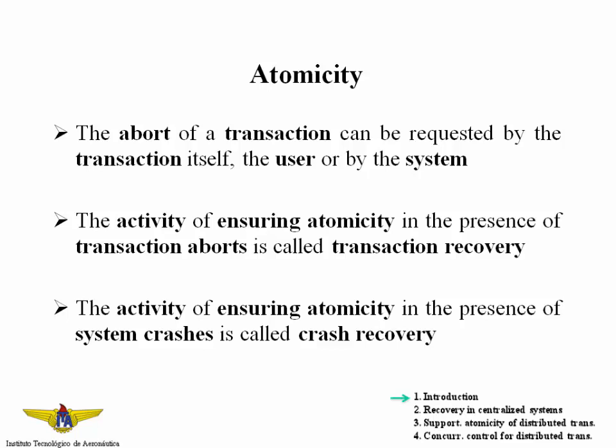In this situation, you can have an abortion. The activity of ensuring atomicity in the presence of transaction aborts is called transaction recovery. You can also have the end of a transaction by a crash. In this case, the activity of ensuring atomicity is called crash recovery.